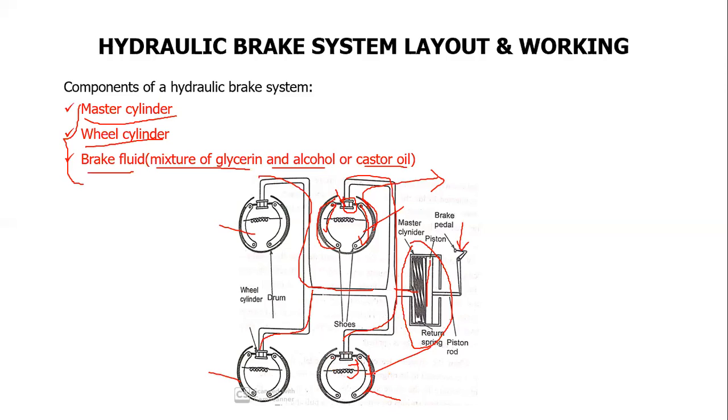So we get the braking effort, due to the friction between the rotating wheel and the stationary brake shoe. This is how a hydraulic braking system works effectively.